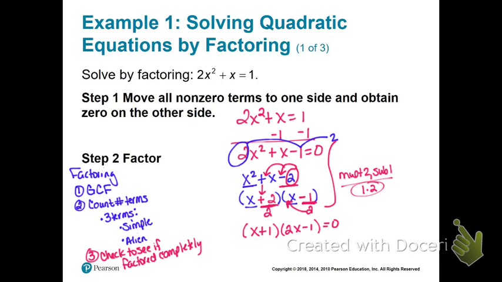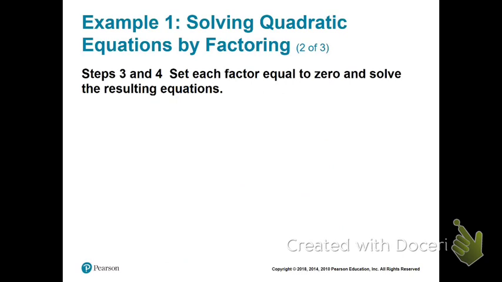Check your 2x minus 1, you can't factor it anymore, so we are done factoring. Alright, so we are still on example 1 there, and we have factored it out. And let's see, when we factored it, what did we get again? X, help me, plus 1 equals 0, correct?